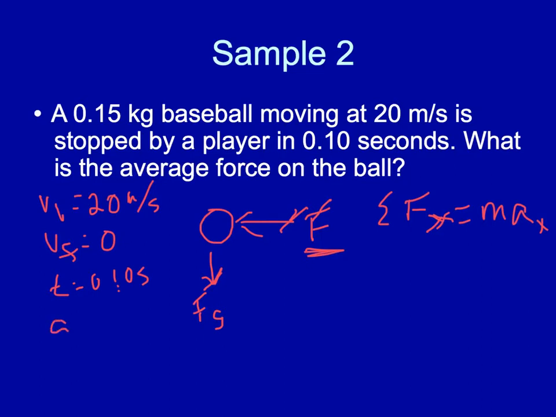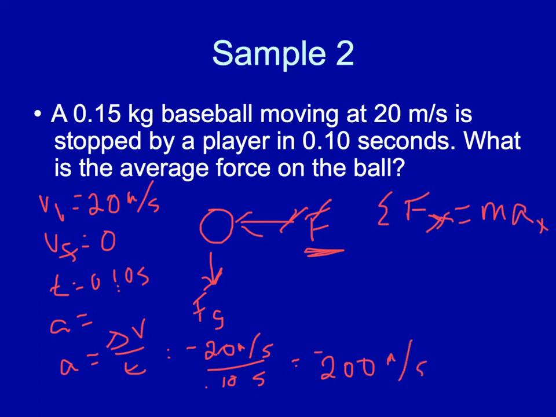And I want to calculate A. Since A is equal to delta V over T, I'm going to have 0 minus 20. It's going to be negative 20 meters per second divided by 0.10 seconds, which is negative 200 meters per second squared. And that's a negative value.